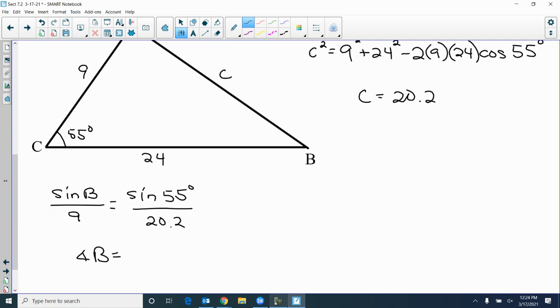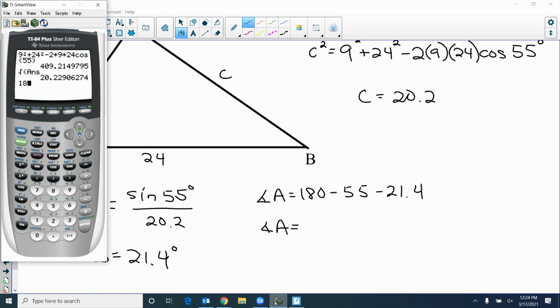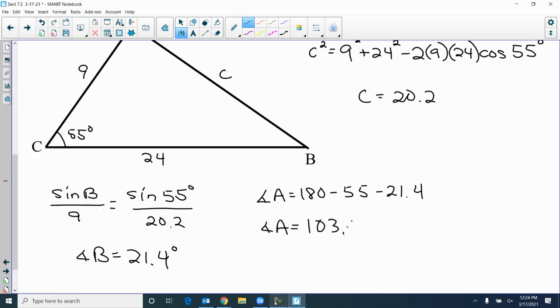So what does that give me for angle A? Angle A equals 180 minus 55 minus 21.4, which is 103.6 degrees. All right, so we're good here.